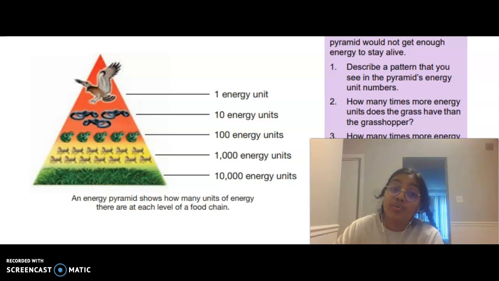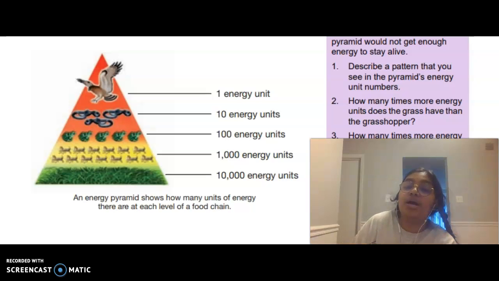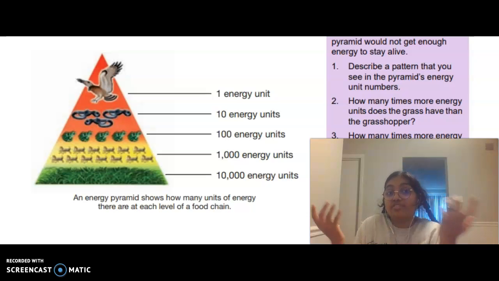flows from the bottom to the top, as we go higher and higher in the food chain. And in case you're wondering why the energy is lost, it's because we also digest, right? We digest, we excrete waste, we sweat, so water leaves our body.